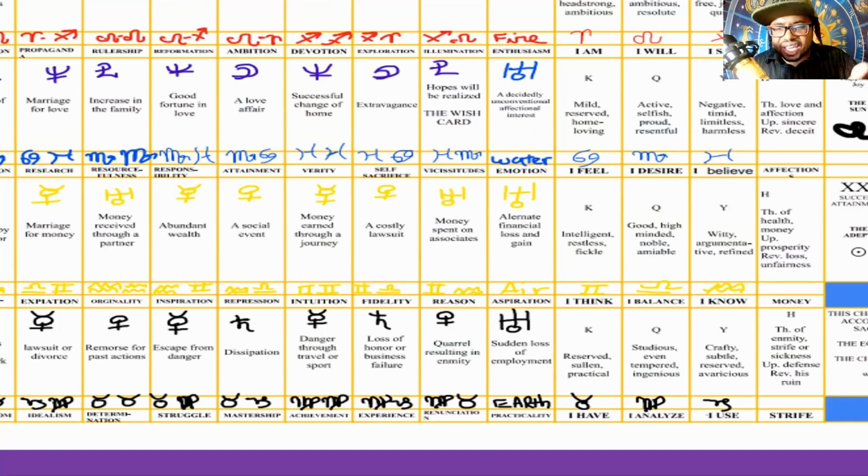Aspiration is the internal meaning. And when you're dealing with earth, earth is that physical thing. Earth is what we're using for our livelihood. Sudden, unexpected loss of employment, and an inner meaning being practicality.